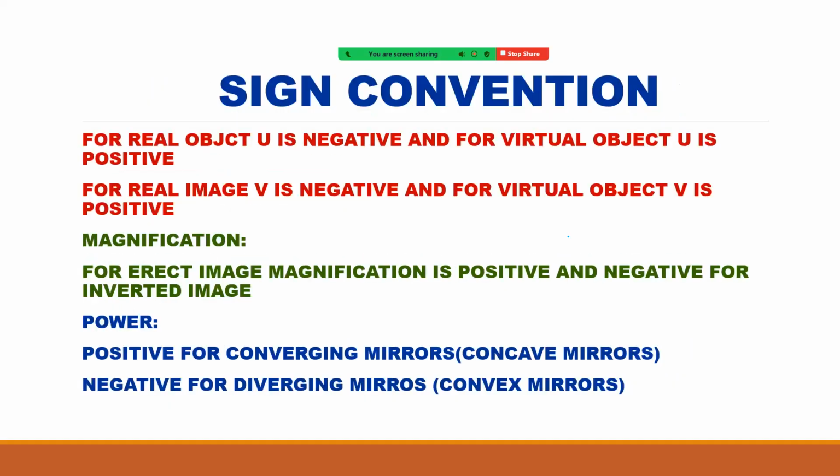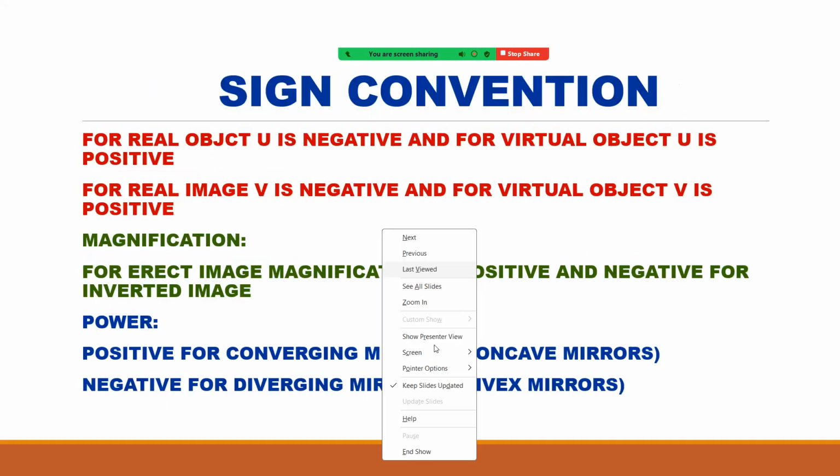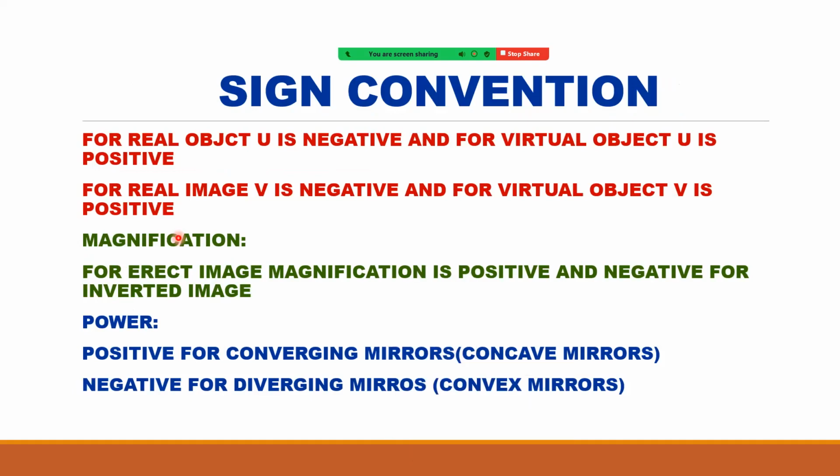Let us see once more: real object U negative, virtual object U positive, real image V negative, virtual image V positive. Okay.